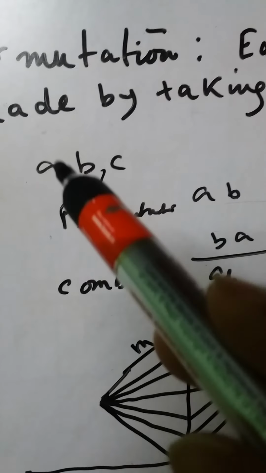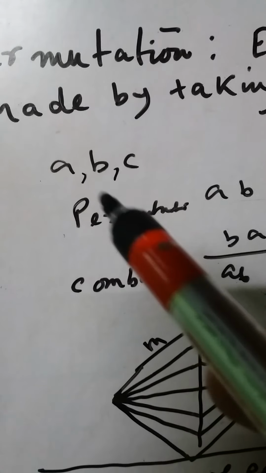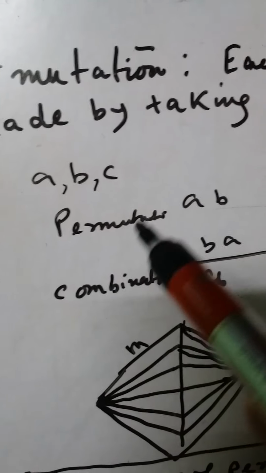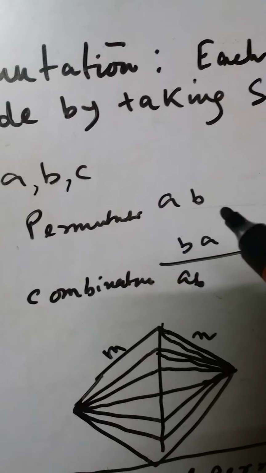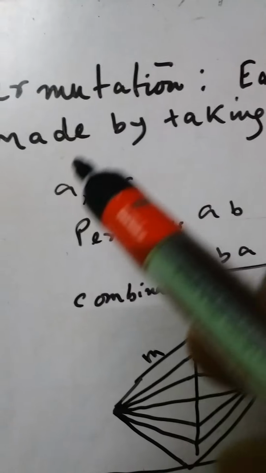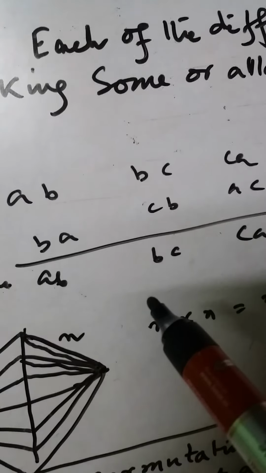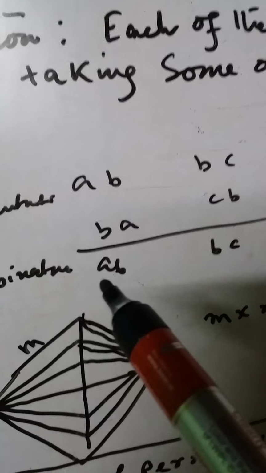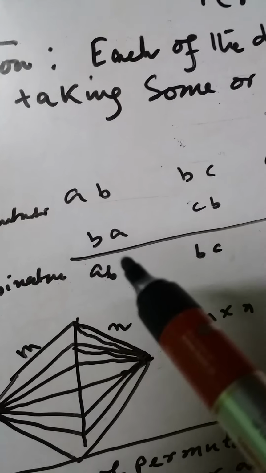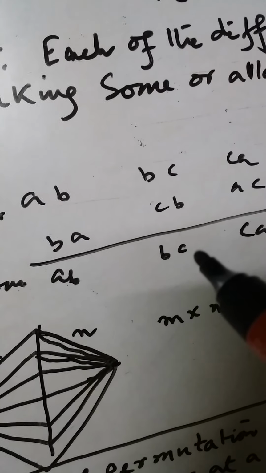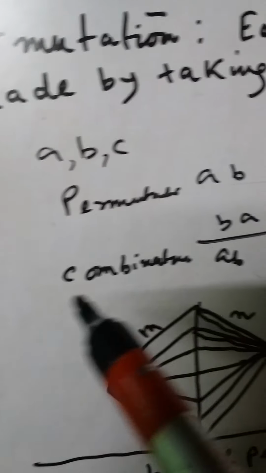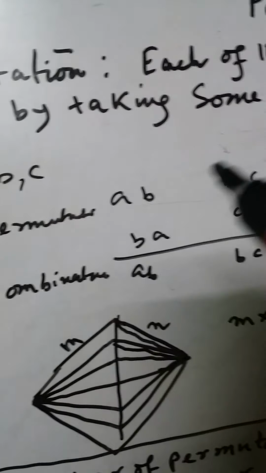So if we take 2 at a time from ABC, we get permutation 6. But taking 2 at a time, the combination will be 3, namely AB, BC, CA, because AB and BA are the same group, BC and CB are the same group, and CA and AC are the same group. Hence the combination is 3 but the permutation is 6.